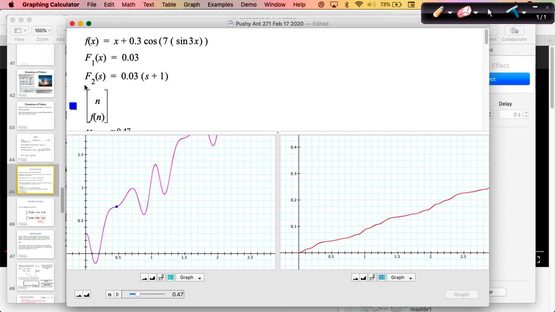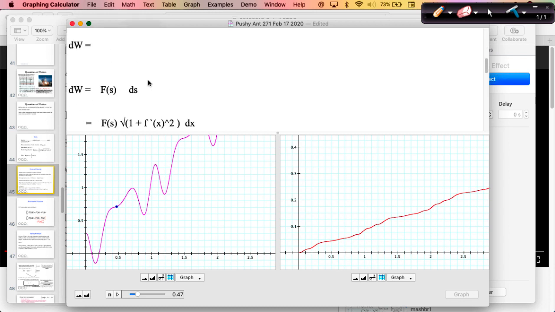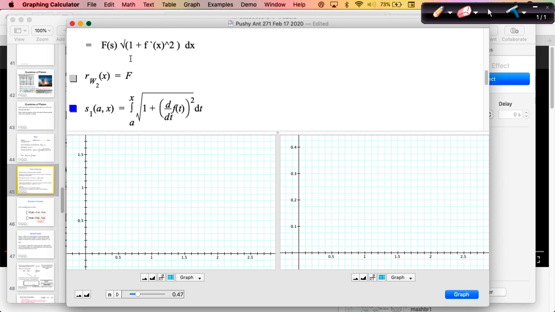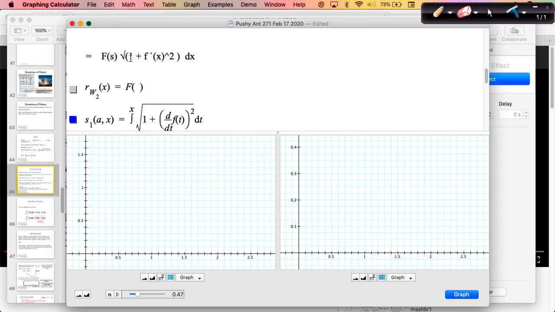So F2 of s was the new force function, a changing force according to how far the ant has walked, s. So the rate is going to be f of x, which is going to be f of s times the transformation.